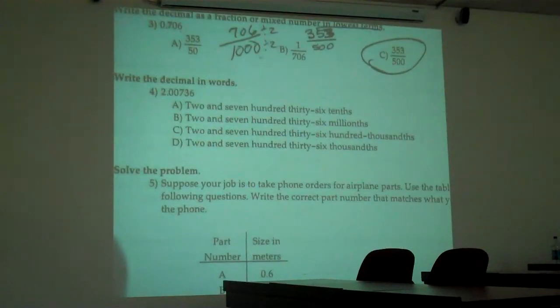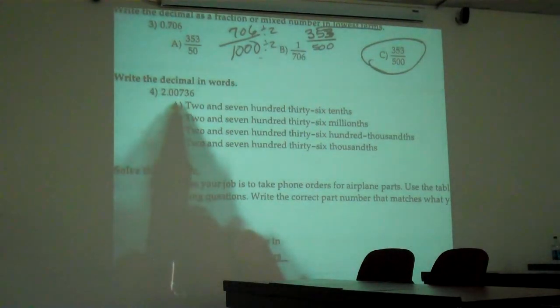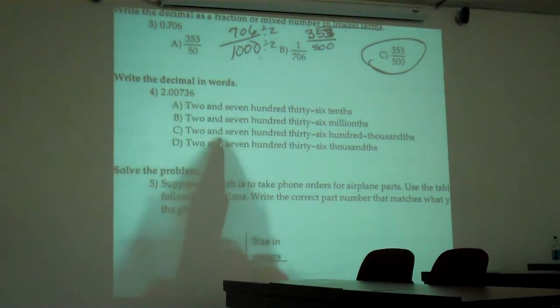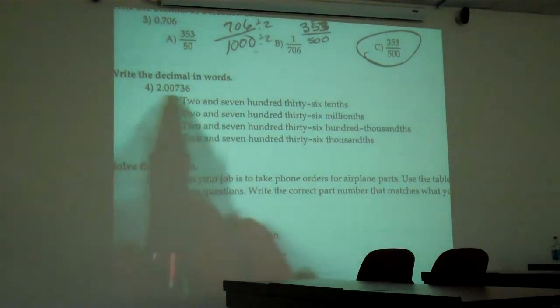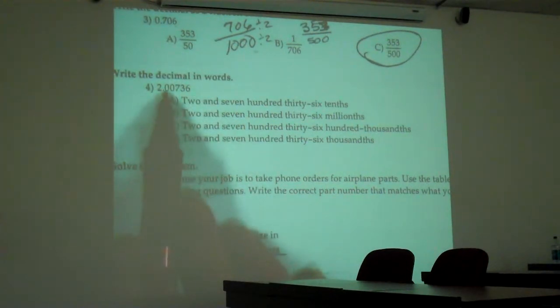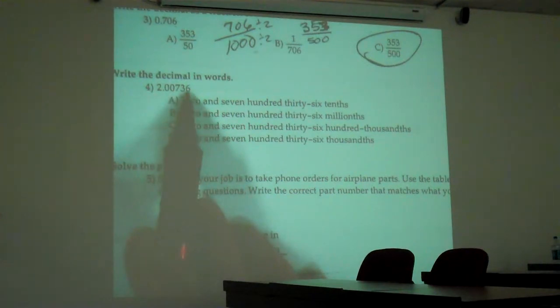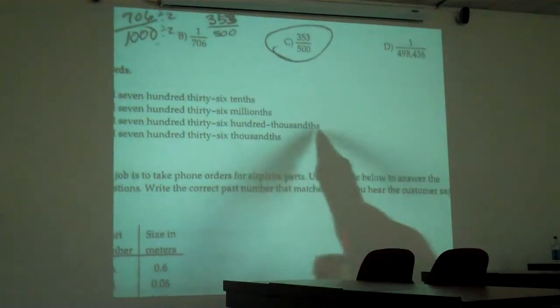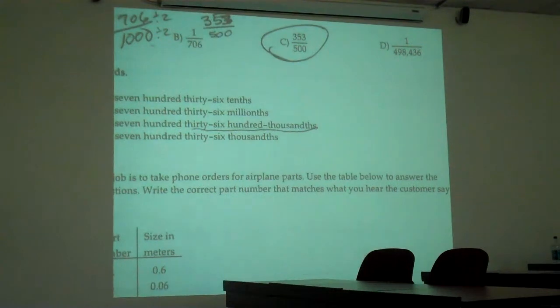Write the decimal in words. 2.00736. Well, we're not going to use those words, 2 point. We're going to say 2 and. Say this is a number 736, and then the place value. 10, 100,000, 10,000, 100,000. Yeah.